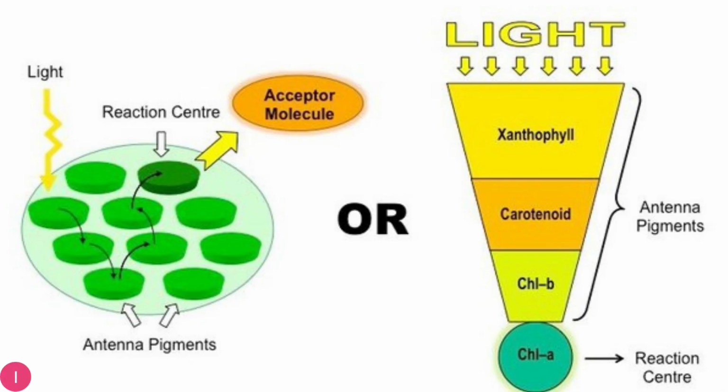Now comes the diagrammatic view, so you can visualize the reaction going on. You can see on your left that light falls on the pigments, drawn in green color, and you can also see the reaction center.